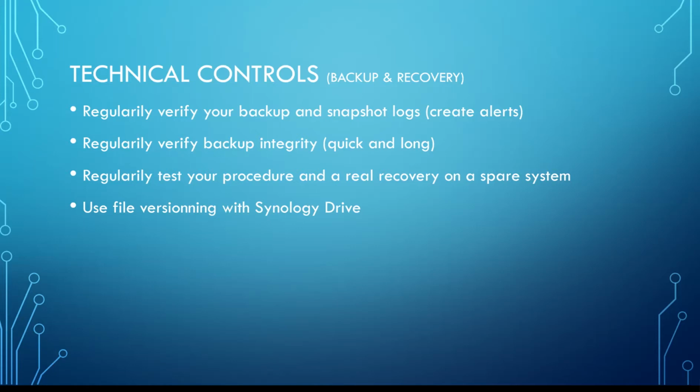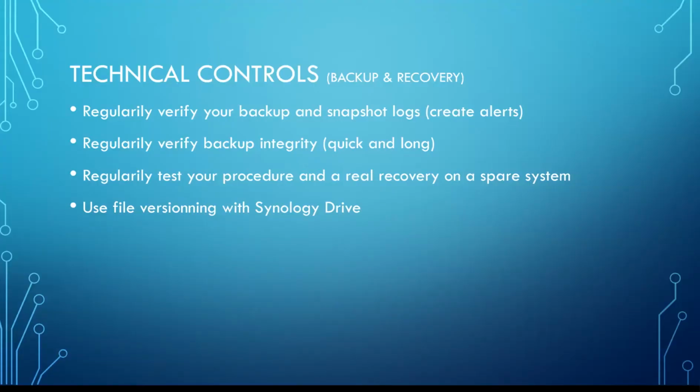And you could also use file versioning with Synology Drive, so you can recover your files quite fast in case of problem, and you can go back in time. So you've got three technologies: the backup, the snapshots, and file versioning with Drive. Okay, so this was the last slide.